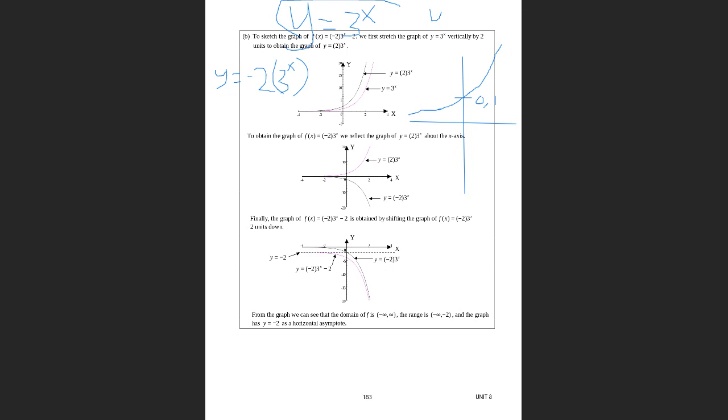Then because of the negative, once you have negated the whole function, it's going to reflect on the x-axis.